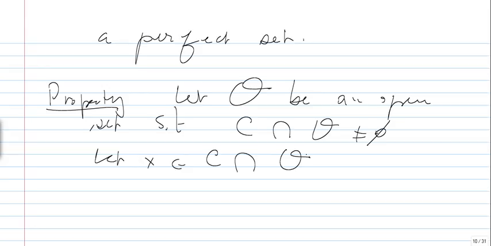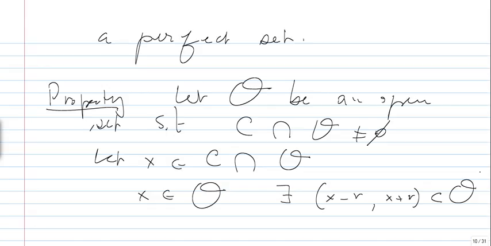Okay, then for x which is in O, there exists an open interval (x minus r, x plus r) which is going to be in O. And what's interesting is that there is no way you can find an interval such that (x minus r, x plus r) is in C. So in other words, there is no r.